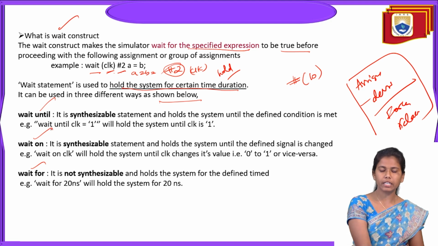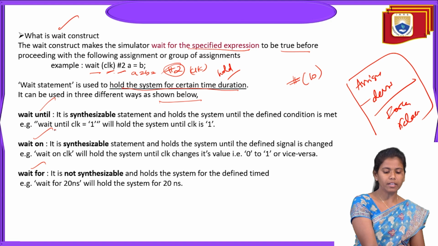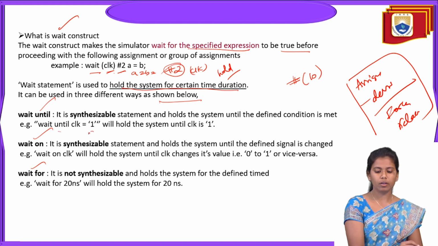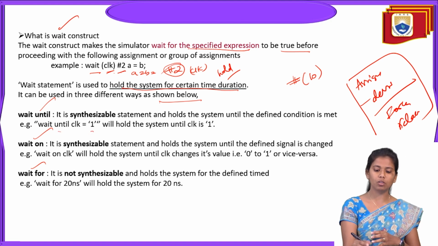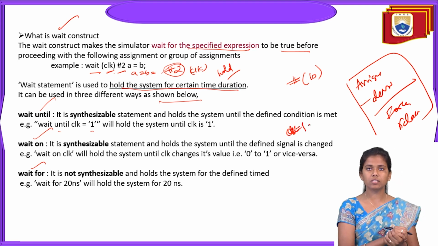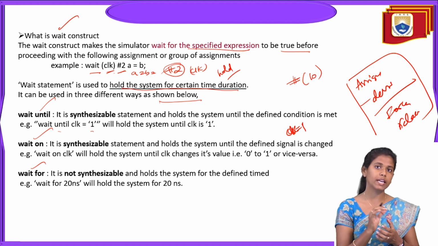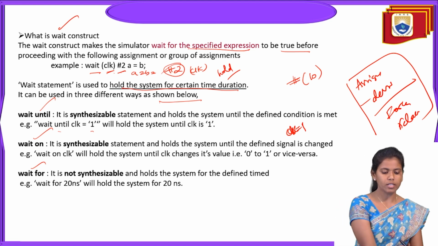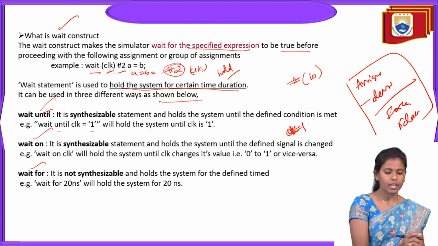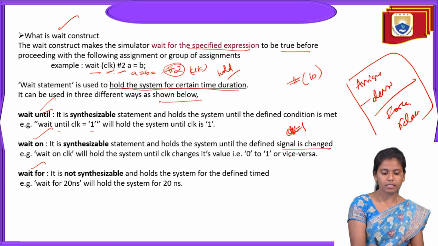So what is wait until? It is a synthesizable statement. For example, wait until clock is equal to 1. Until the clock signal goes to 1, the statement has to wait. So that is the wait until. Then wait on is also synthesizable and holds the system until the defined signal changes.